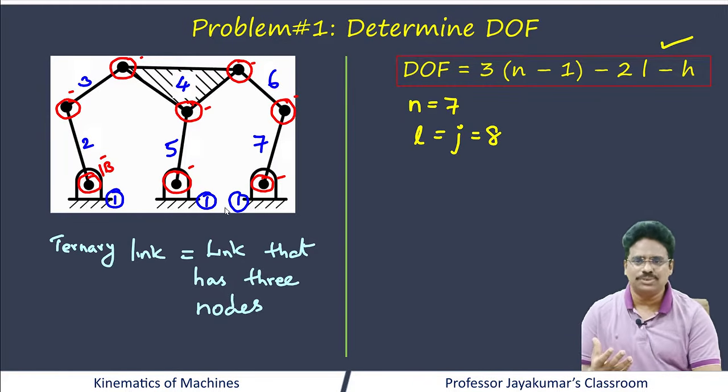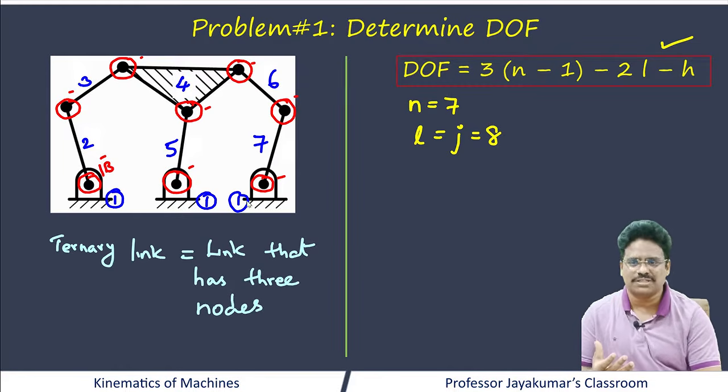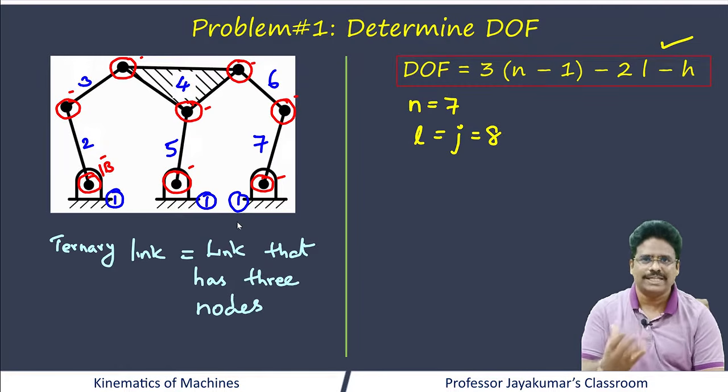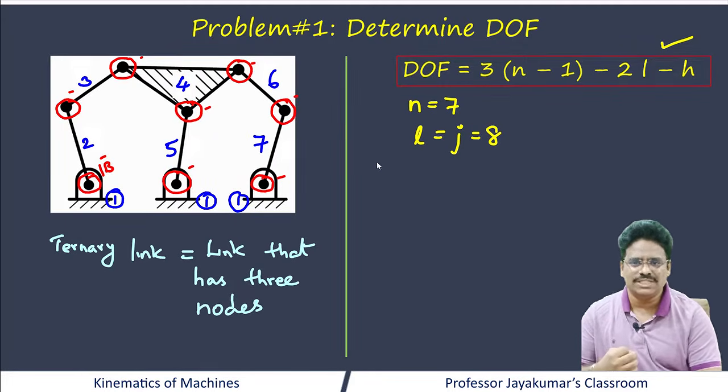Just by going through the diagram by visual inspection, can we find any higher pairs here? Is there any 2 links are having either line or point contact? No. So in this case, H is equal to 0. There is no higher pair.